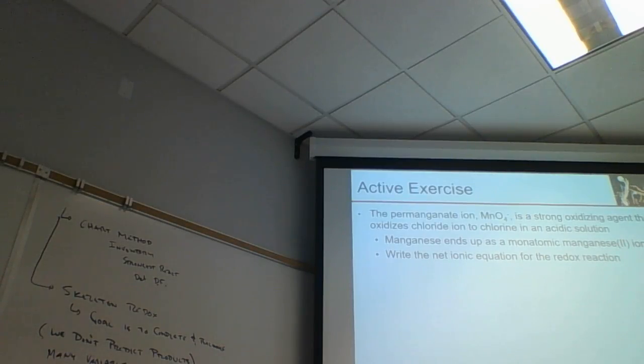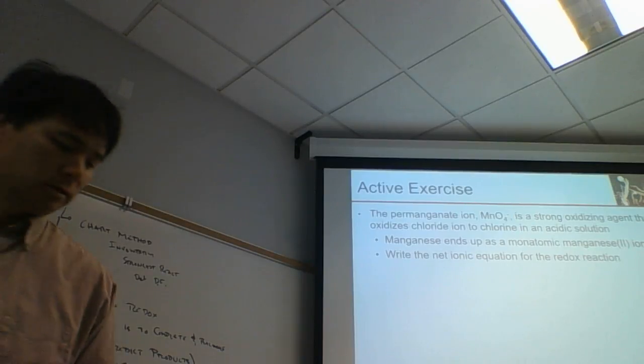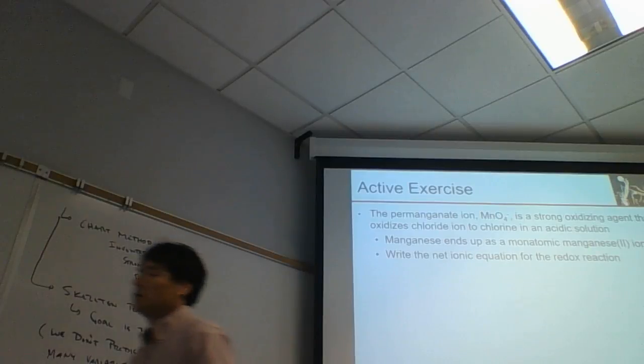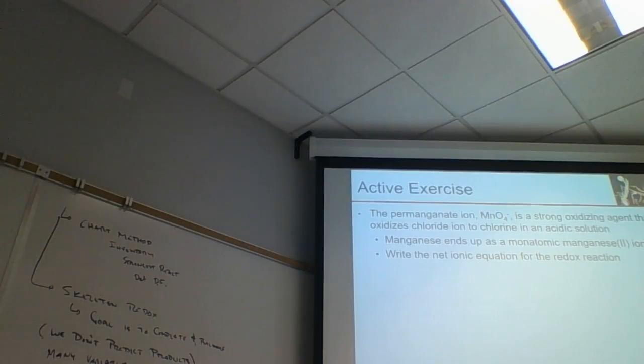And so, under these conditions, permanganate reacts with chloride ion. So this is what we have here. We have permanganate reacts with chloride ion.